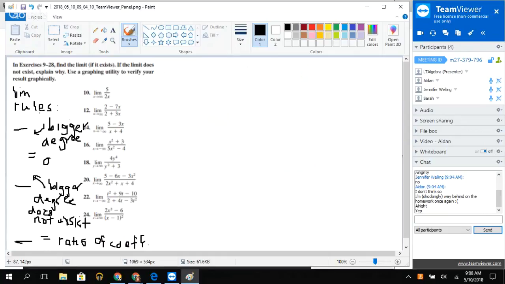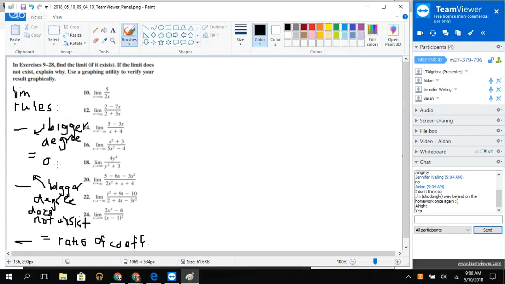And the rules when we take the limit of rational functions look like this. They should look a lot prettier than this, but this is what you got for the last class before school. Basically, if you look at your rational function and the degree of the denominator is bigger than the degree of the numerator, then the limit is always going to be 0.